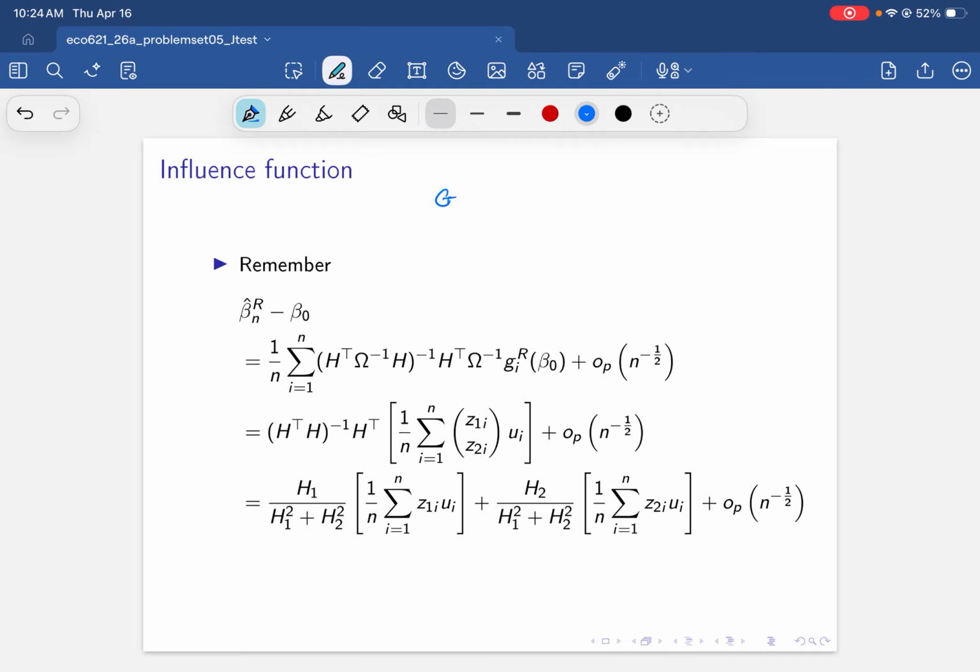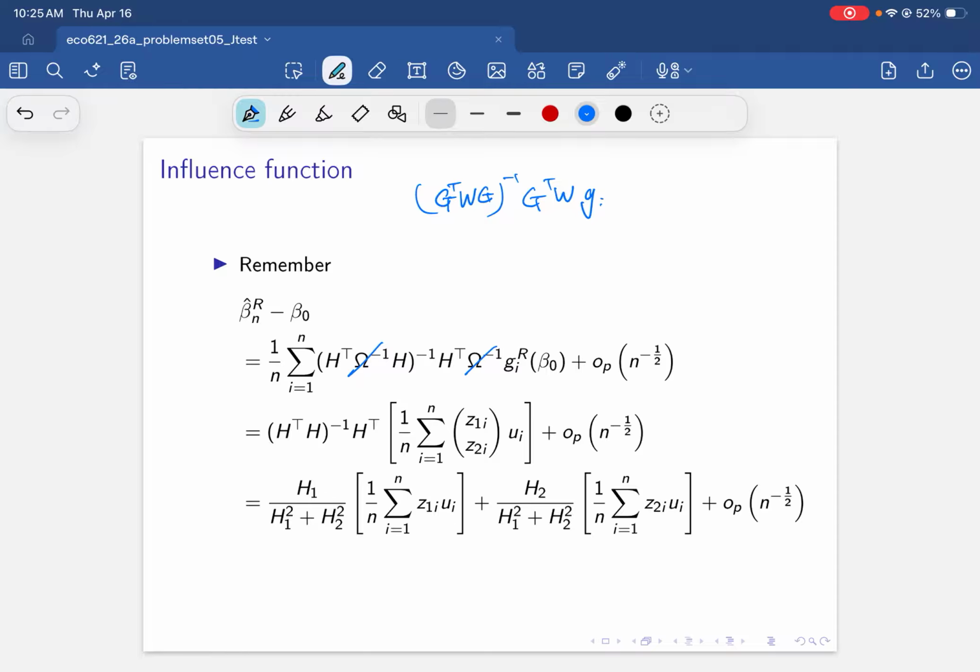Remember, this was the influence function in GMM. So we are going to follow the same rule, and we get this. And of course, omega will be simplified, and H is just two-dimensional. So if you do the algebra, it's just 2x2 matrix algebra.